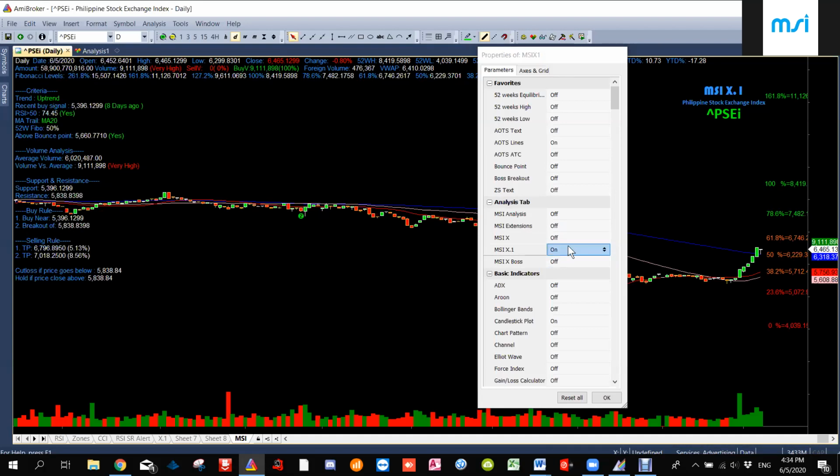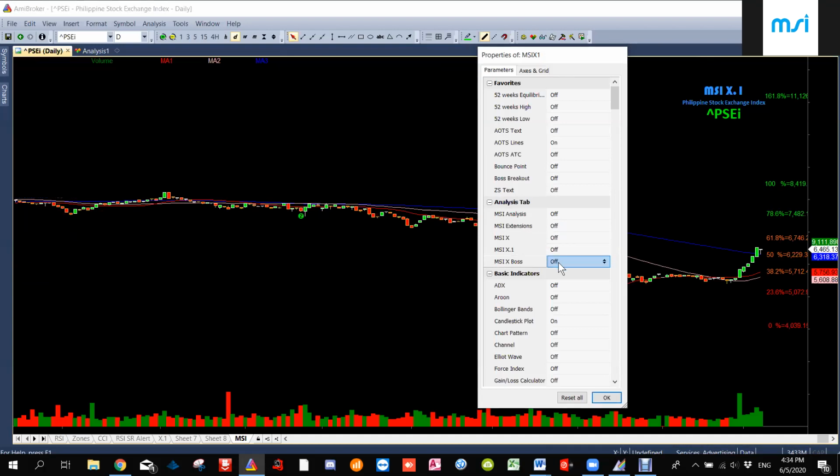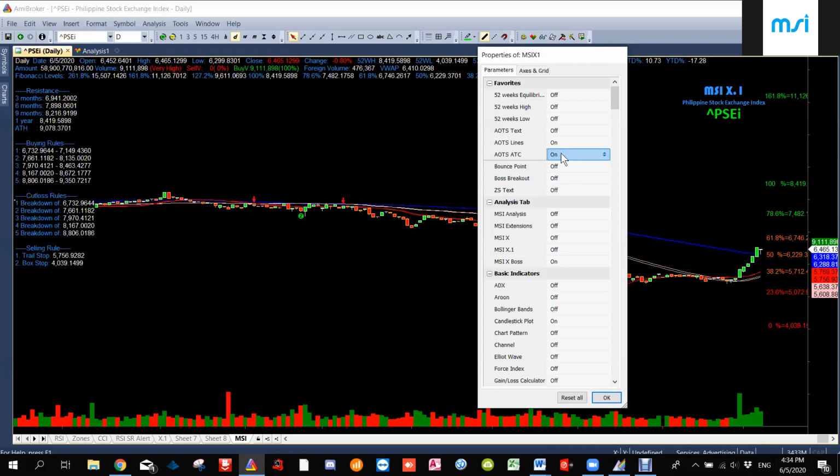And last but not the least, we have the boss signals. Okay, yung MSI boss, yan kasi yung tinatawag natin na boss areas. Ano ba yung boss areas?